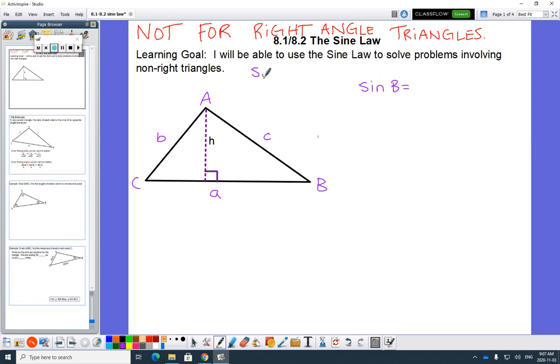So sine in general is opposite over hypotenuse. So the sine of angle B, opposite, I'm just going to write H, and the hypotenuse is little c. Try to make it little.